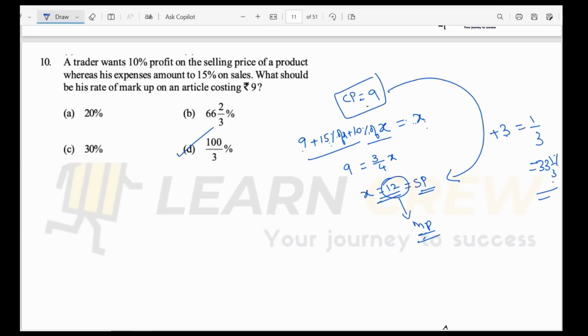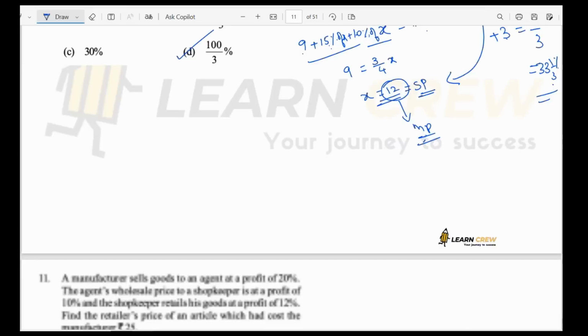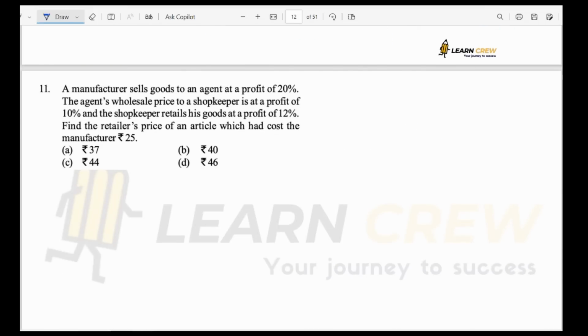Please answer question number 11. Quickly. A manufacturer sells goods to an agent at a profit of 20%.